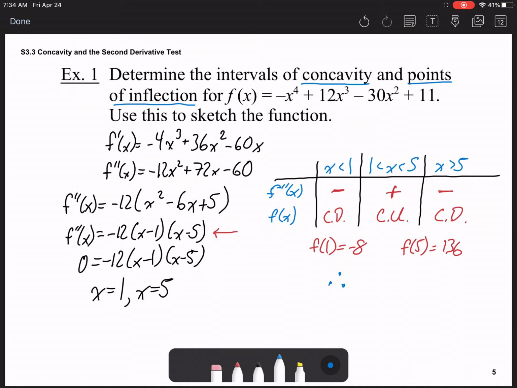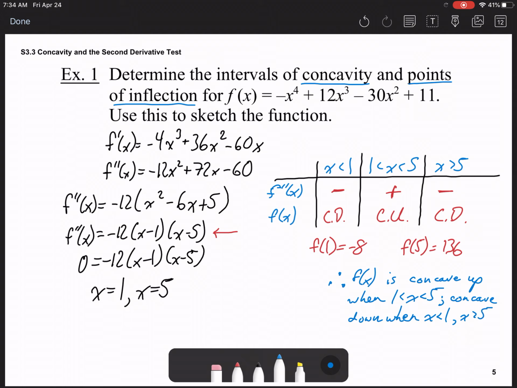So f of x is concave up when x is between 1 and 5, concave down when x is less than 1, or x is greater than 5, and has points of inflection at (1, -8) and (5, 136).